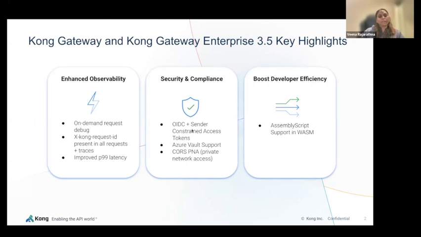Another improvement in general is improving our P99 latency. We have various deployment modes for Kong. In hybrid mode, as Kong is processing your traffic, we did not have clear separation when the control plane pushes configuration updates as you make changes. You may be adding plugins, or onboarding new APIs.